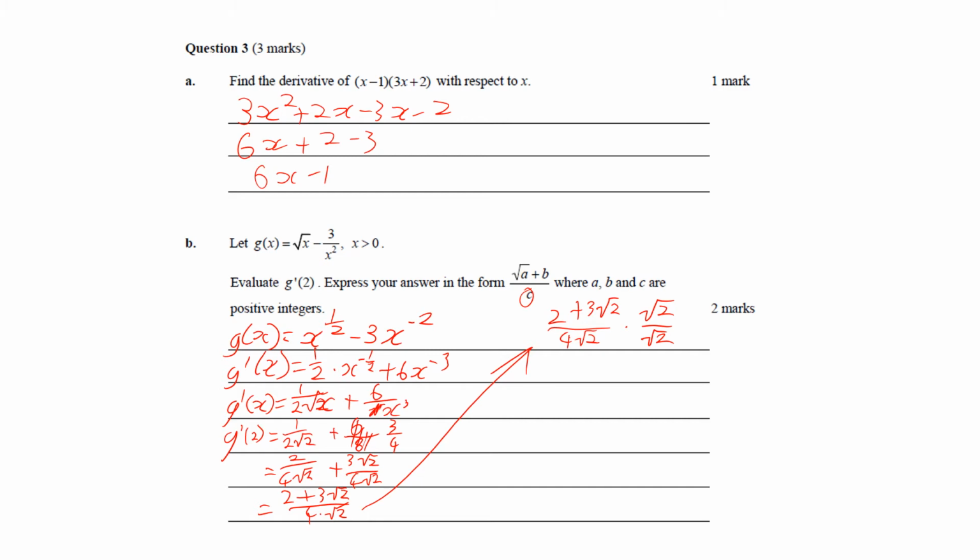And so this will give us 2 square root 2 plus 3 root 2 times root 2 gives us 3 times 2, which is 6, all divided by 4 times the square root of 2 times the square root of 2 is 8. Let's just clean it up a little bit. We'll get square root of 2 plus 6 over 8, which is square root of 2 plus 3 over 4 for our final answer. So a is 2, b is 3, c is 4.